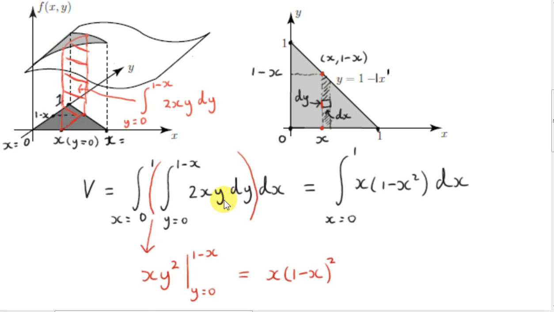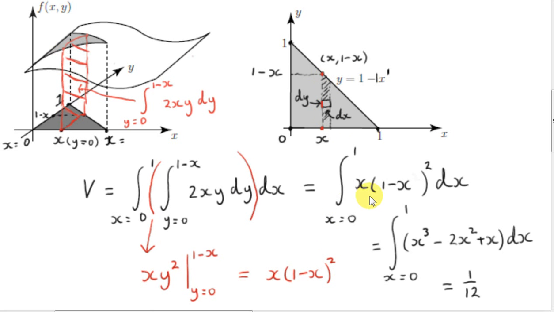So we're summing all those. Okay, this is a straightforward integral. If you do this, the answer is 1/12. So that's the volume of the region underneath the graph of 2xy and over this triangular region.